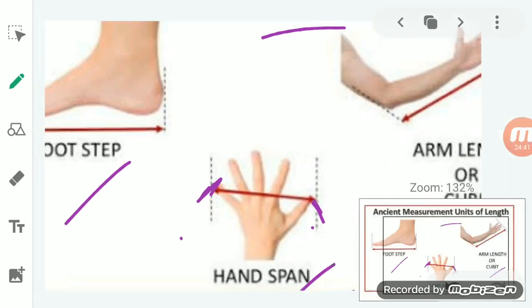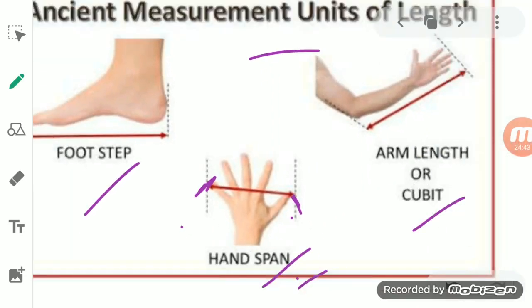If we talk about the footstep, foot span and foot step are the same thing. In some books you will see it written as foot span or foot step. It is also a way of measuring length. So what is the foot span?